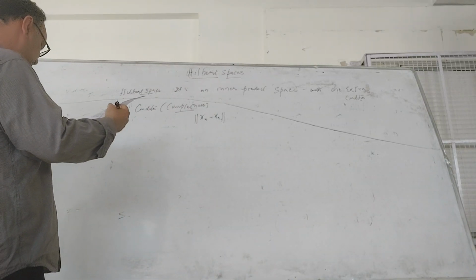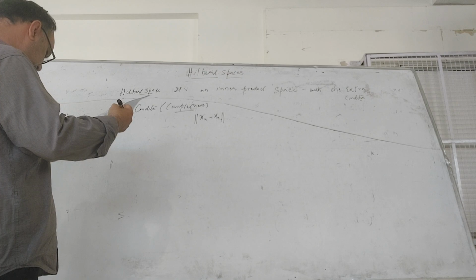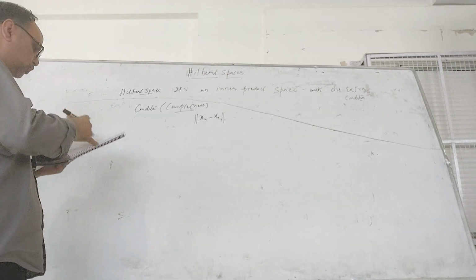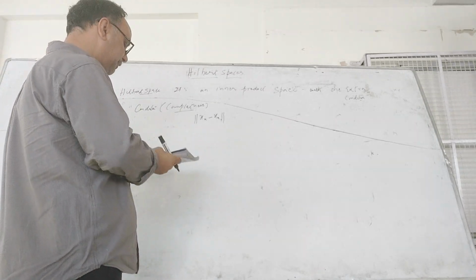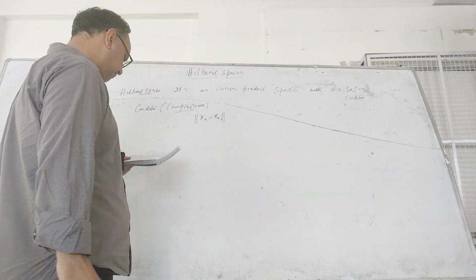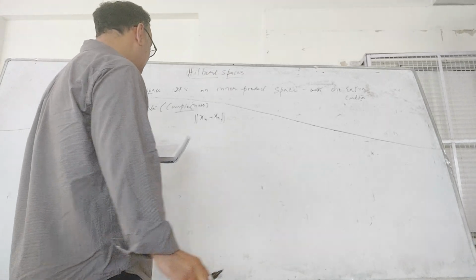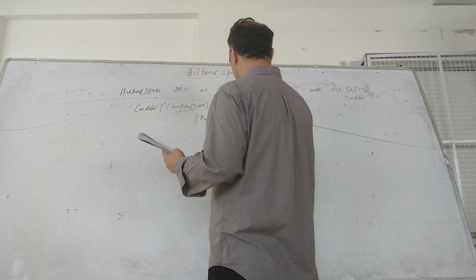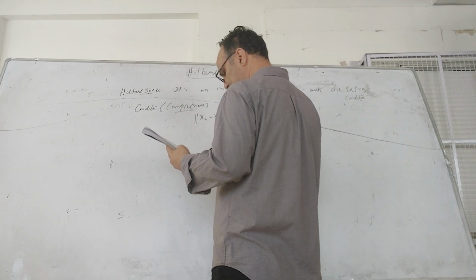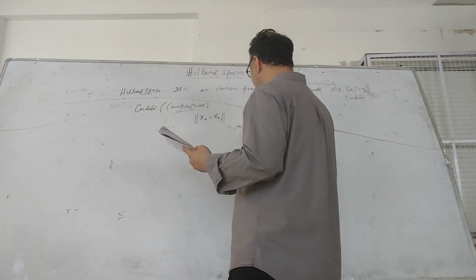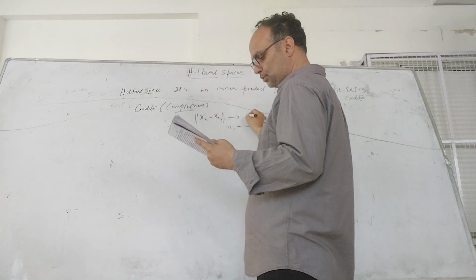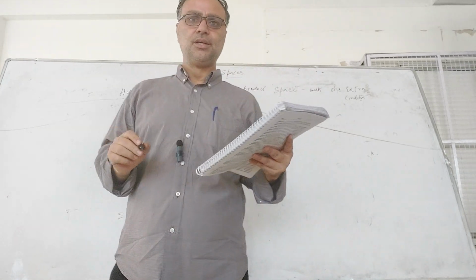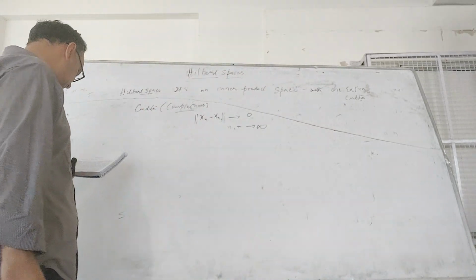For example, in the infinite dimensional case, if n and m go to infinity, this will go to zero, as we have been doing in the previous classes.